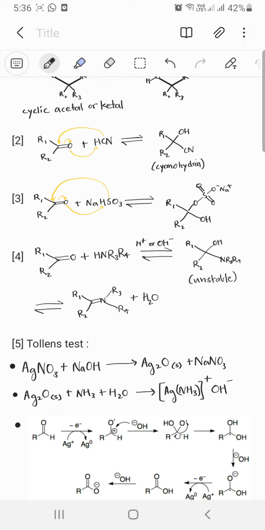NaHSO3. Fine. So it adds like that, huh? HSO3 minus, I would say. So that's also just nucleophilic addition. Nothing special about it.